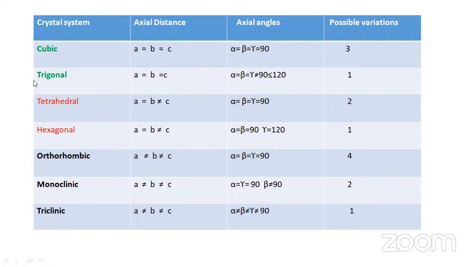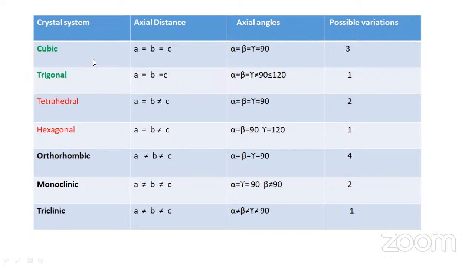Cubic crystal system and trigonal crystal system. In the second group, what are the crystal systems? Tetragonal and hexagonal crystal system. And in the third one, orthorhombic, monoclinic and triclinic are placed.